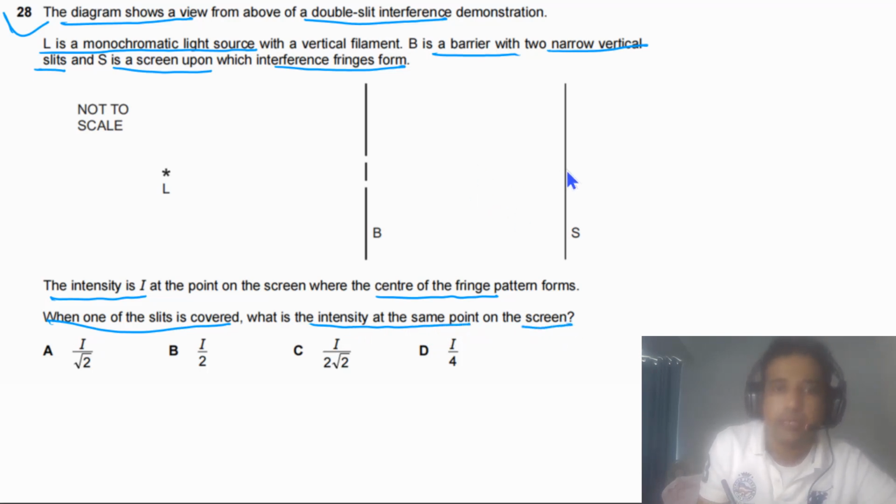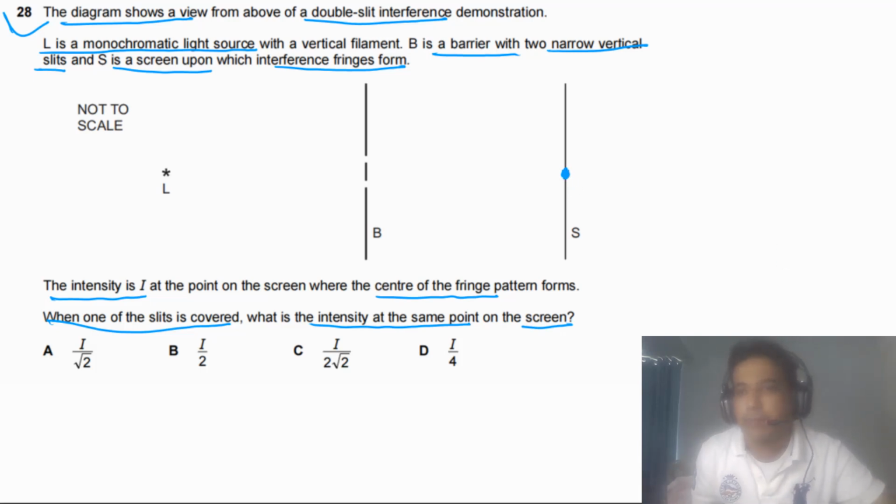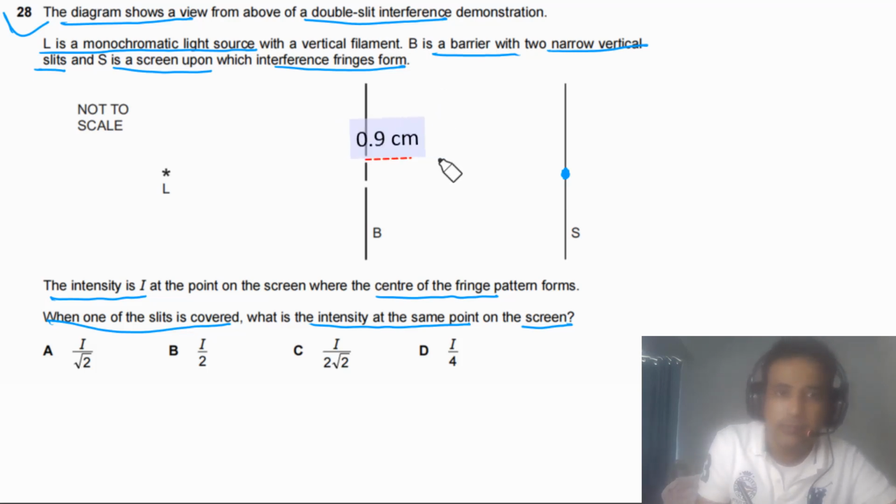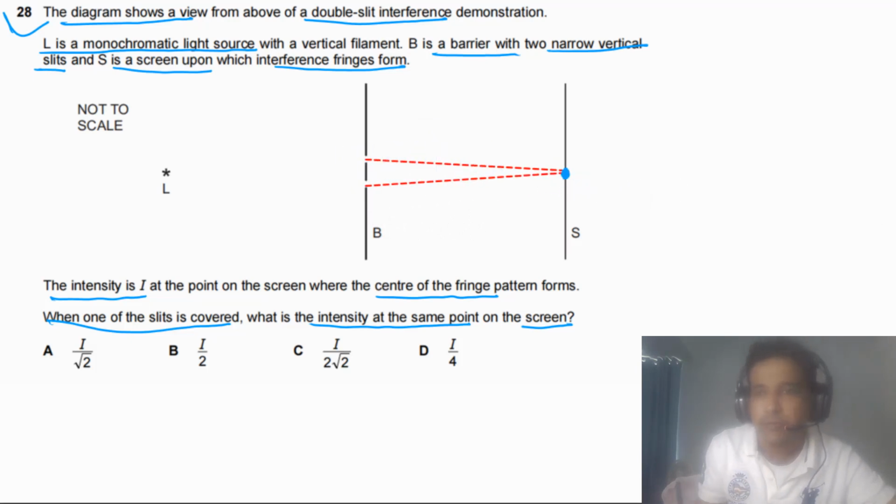So in this case, center maxima will form at this point, or we can say the center bright fringe. And the center bright fringe is formed when the waves are coming from these two slits. When these two waves meet at this point and they interfere constructively, a center maxima is formed.